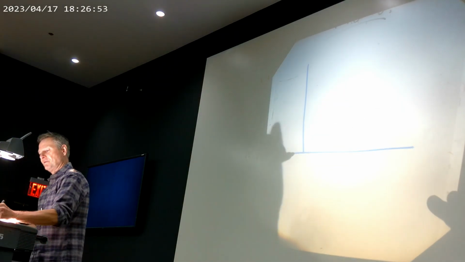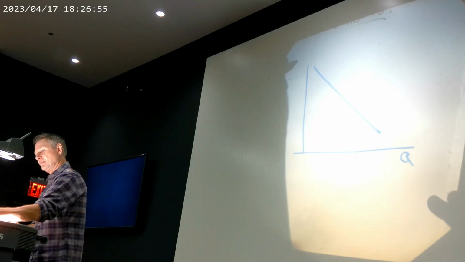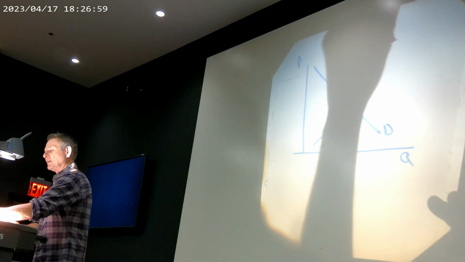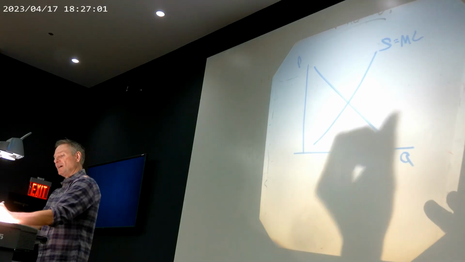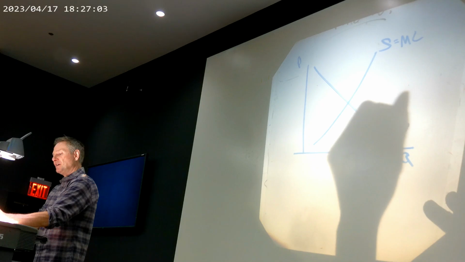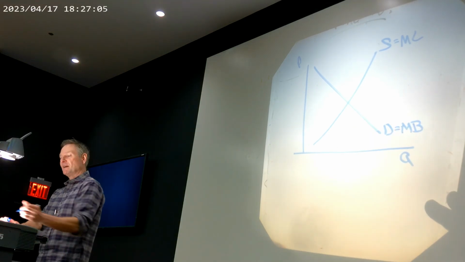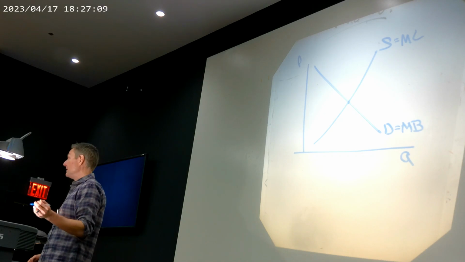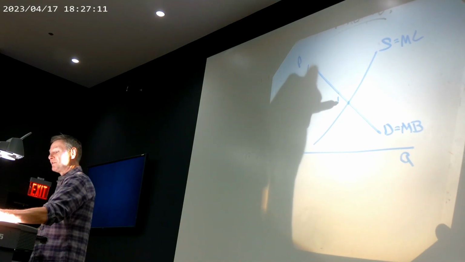One way of seeing this is when you look at your typical demand curve. We draw it out. Here's demand, here's supply. What we're saying is that supply reflects marginal costs and demand reflects marginal benefits. For the very last unit, they are equal. But look at all the units prior to this.